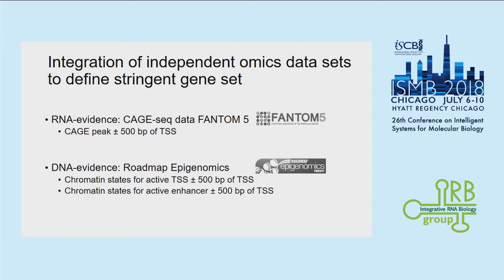And at DNA level, we integrated the chromatin states defined by the Roadmap Epigenomics Consortium. These are combinations of chromatin marks across the genome. And we took the chromatin states indicative of active transcription start sites and chromatin states indicative of active enhancers. And for each case, we retrieved the closest peaks to our defined transcription start sites.